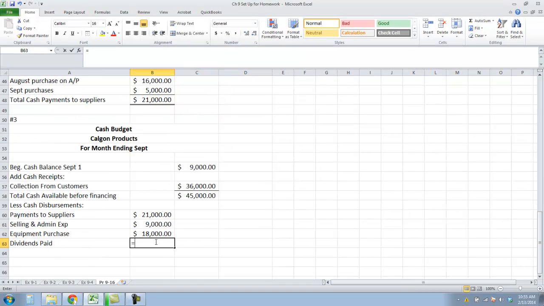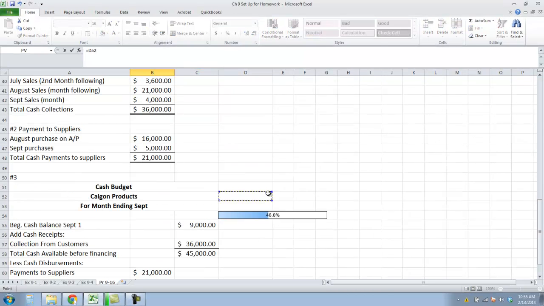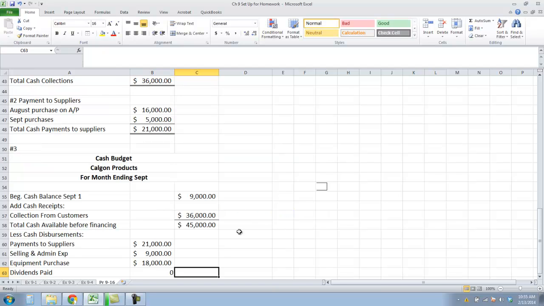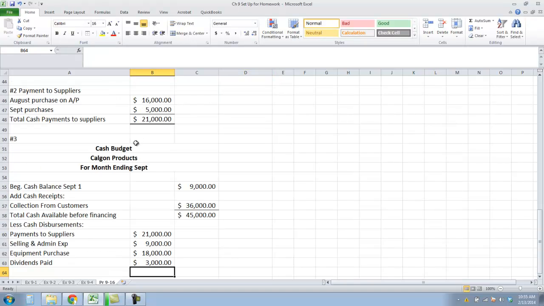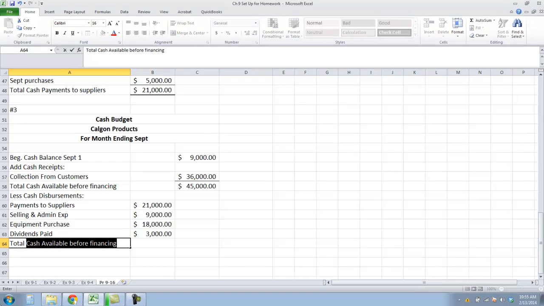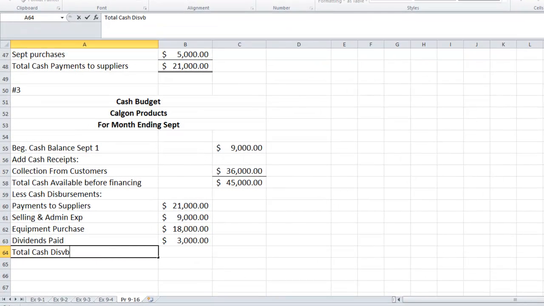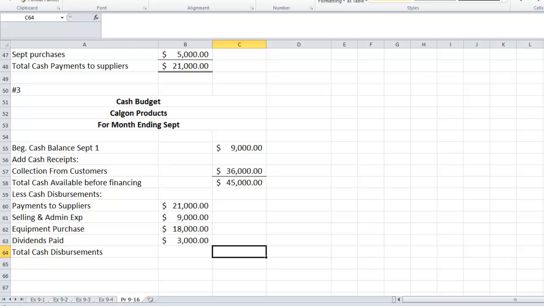So my dividends paid equals $3,000. Total cash disbursements is $51,000.